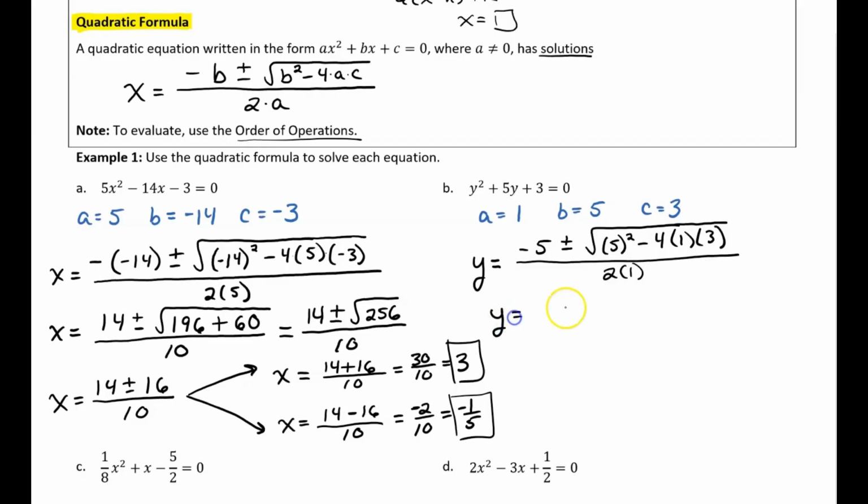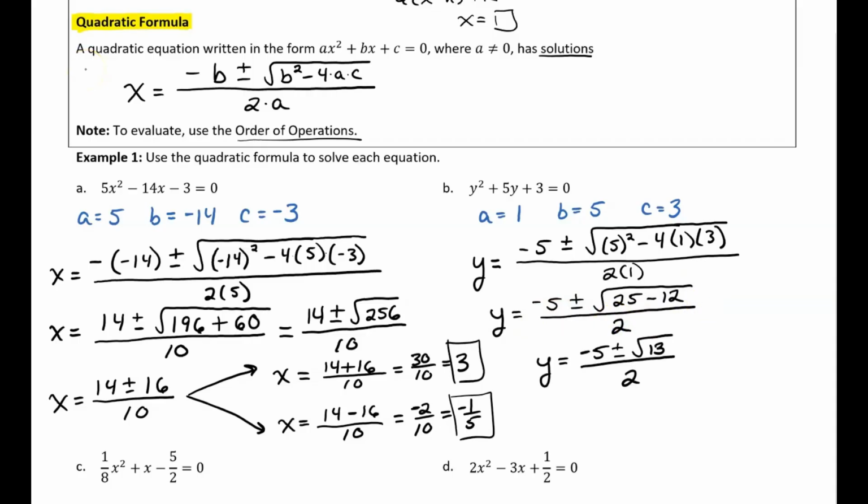Let's start simplifying this. That negative b, that's going to stay negative because I don't have another negative to reduce it down. I have b squared inside, the 5 squared. That's a positive 25. This is going to stay minus, let's see, 4 times 1 times 3. So that's minus 12 divided by 2.